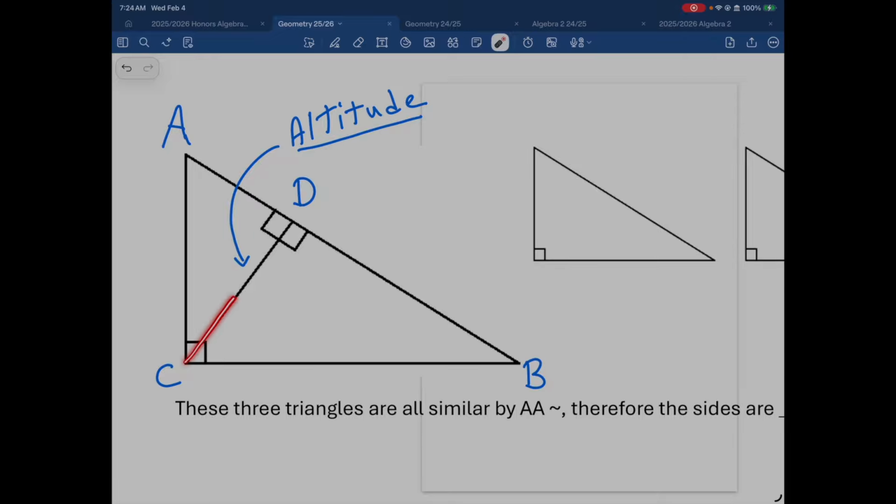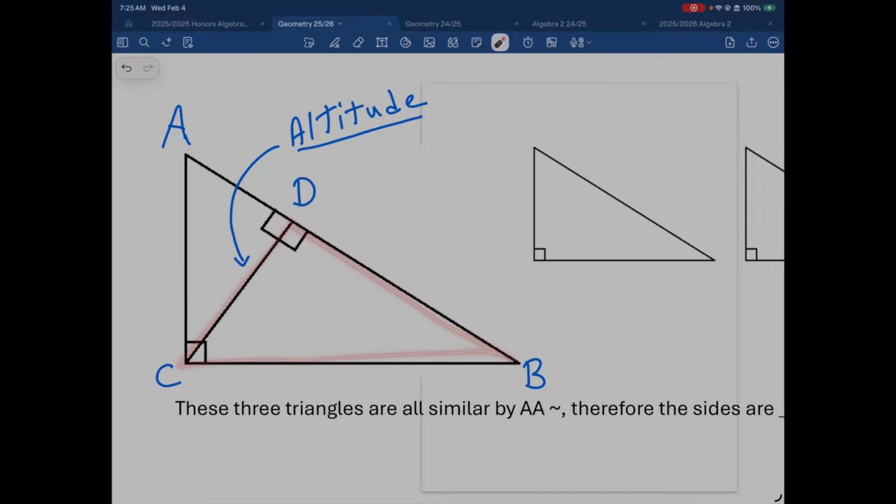We have a small triangle, ADC, going on. And we also have this larger triangle, which is triangle DCB. So we have these three triangles going on: the whole, the small one, and the large one. And they're all right triangles.